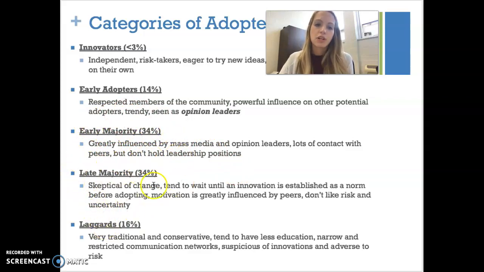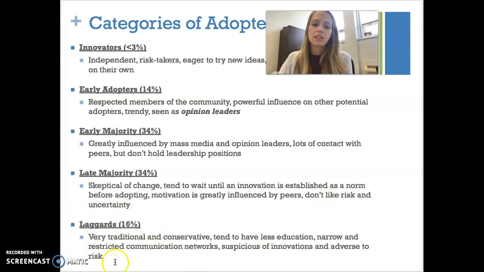Then we have our late majority. This is 34%. They're a little skeptical, maybe, of the change. They tend to wait until an innovation is kind of the norm before they adopt anything new. Their motivation is really influenced by peers, and they don't like much risk or the uncertainty of things.